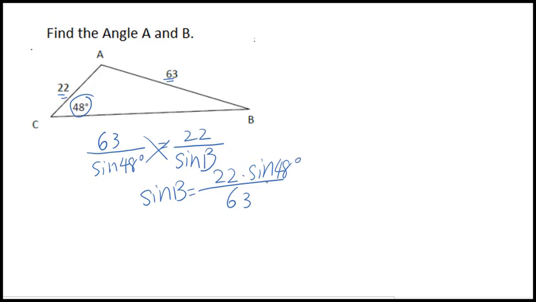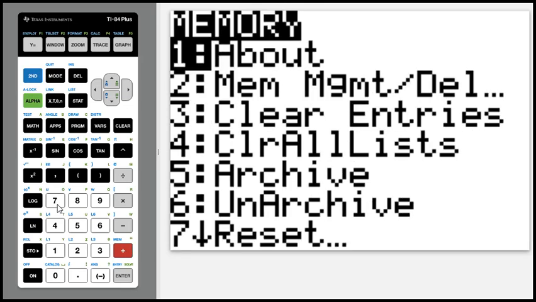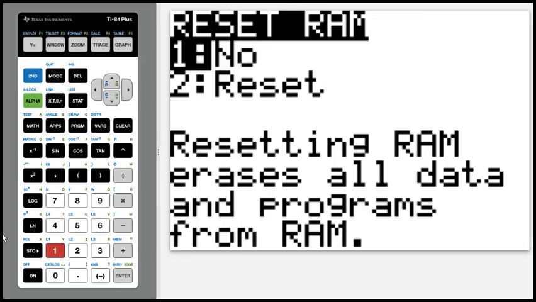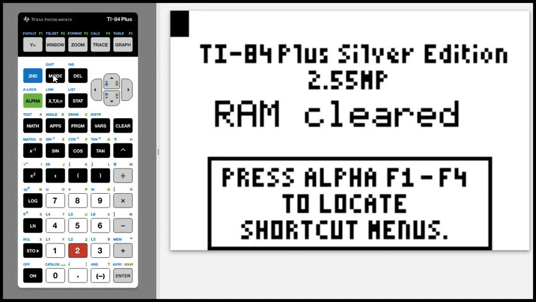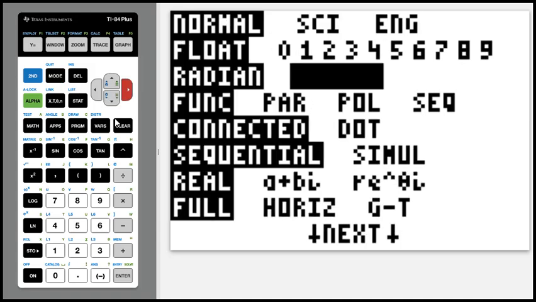Do not rush. Put this into a calculator. We will do B equals inverse sine of 22 times sin 48 degrees over 63. We clear the memory, second plus 712. Then go to mode. Make sure the angle is in degree.